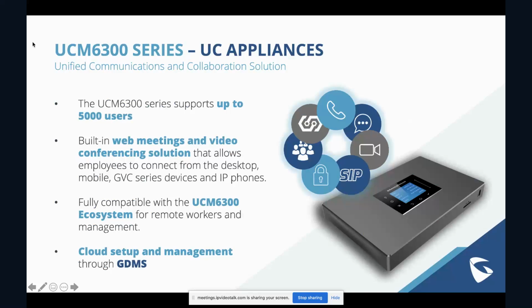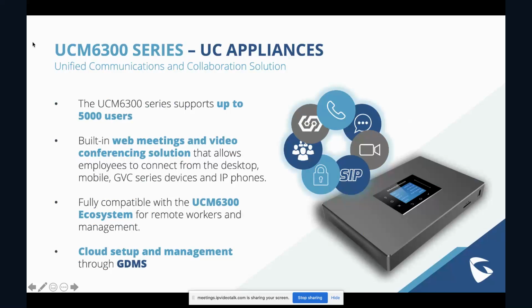Aside from that, the 6300 series is designed to really increase the capacity it is able to support. With the high-end UCM 6300 series device, we're now able to support up to 5,000 users. And again, I'll mention as we go through, that is a major increase from the previous UCM 6200 series, for example.